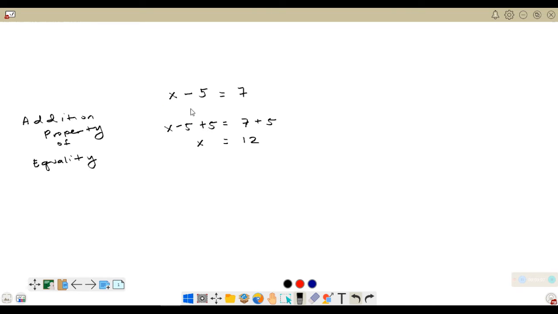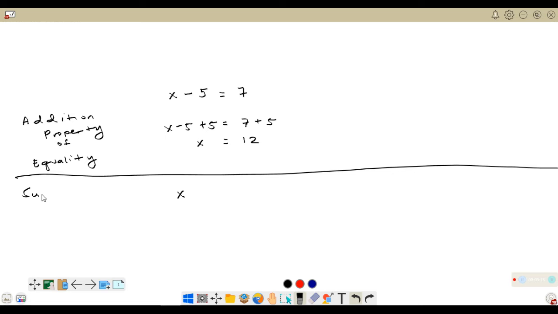So here, kung halimbawa meron kang, lagay natin dito si subtraction property of equality naman. x plus 5 is equal to 12.